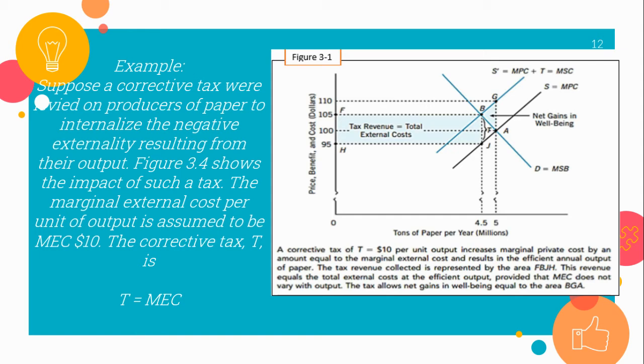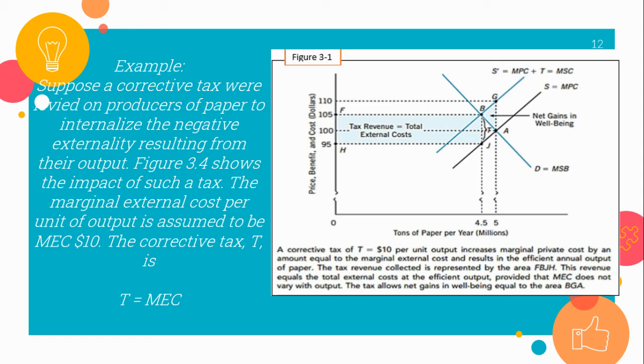In this case, the tax would be set at $10 per ton of paper, the marginal external cost of paper per year. This tax is levied on each unit produced and will be treated by producers as an increase in the marginal private cost of production. Consequently, the supply curve shifts up to S1, where S1 reflects the full marginal social cost of producing paper.